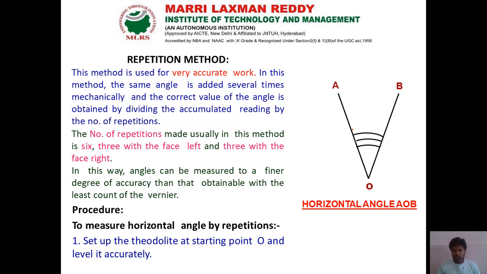If the angle between the objects from the instrument is theta 1, taken with respect to face left observation three times, I observe theta 1, theta 2 and theta 3.